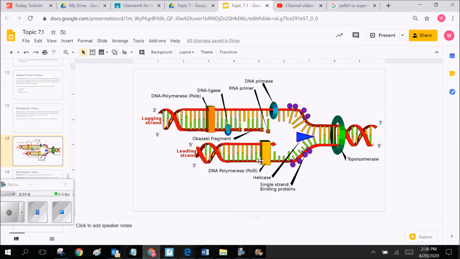So essentially we're starting off with one and making two based off of half of the old. That's that semi-conservative idea.